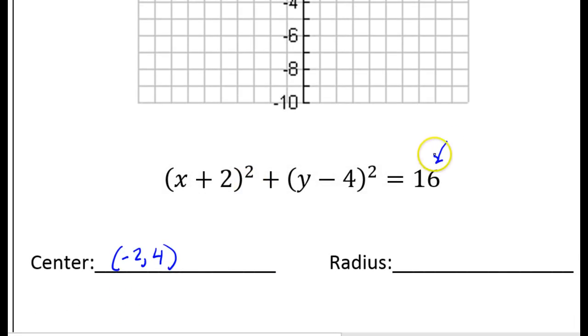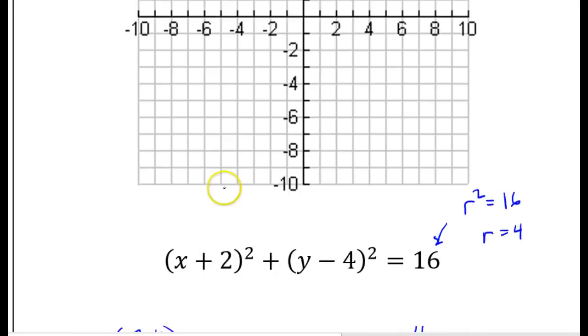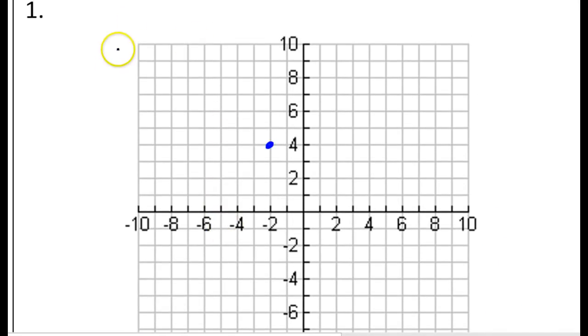This number is the radius squared. So if the radius squared equals 16, that means that the radius is 4. That tells me that if I go 4 in all directions, I should be on the circle. So if I go 4 to the right, 4 up, 4 to the left, and 4 down, these should all be points on the circle.